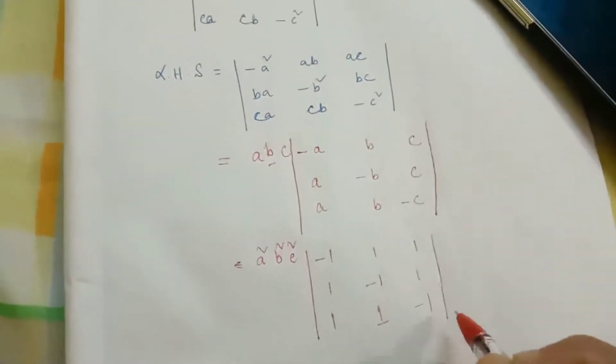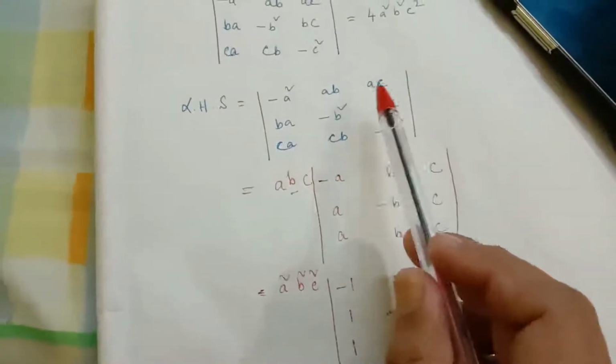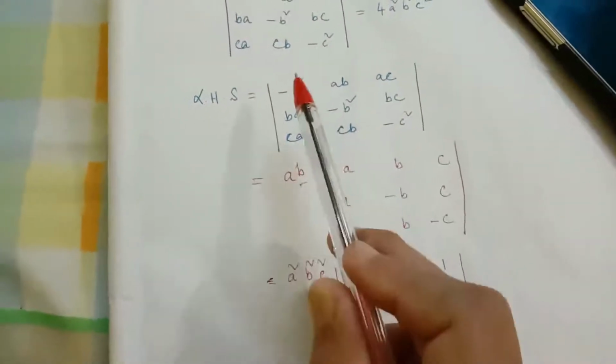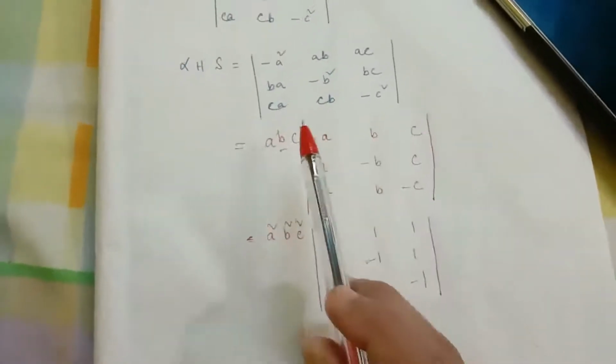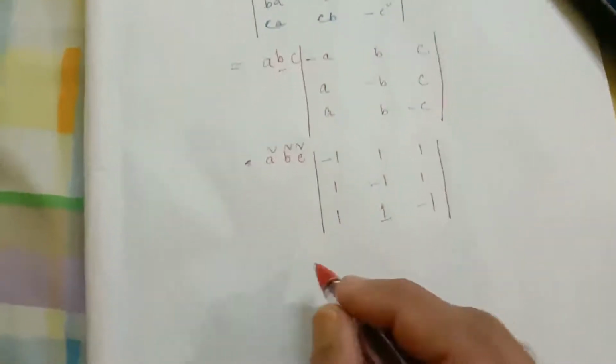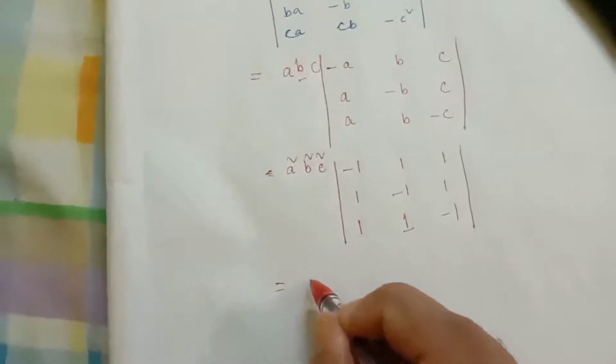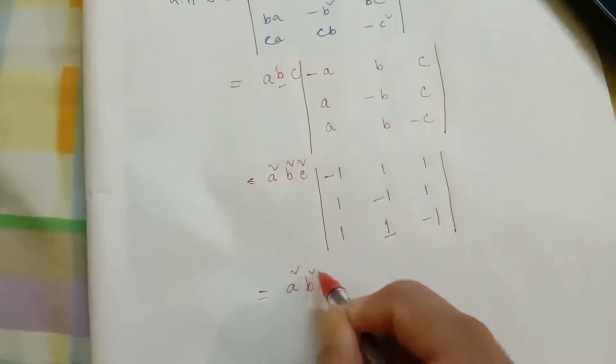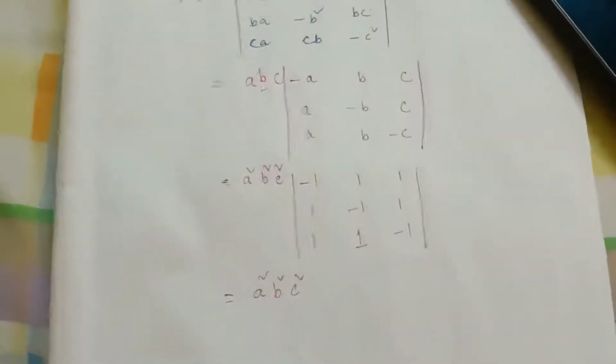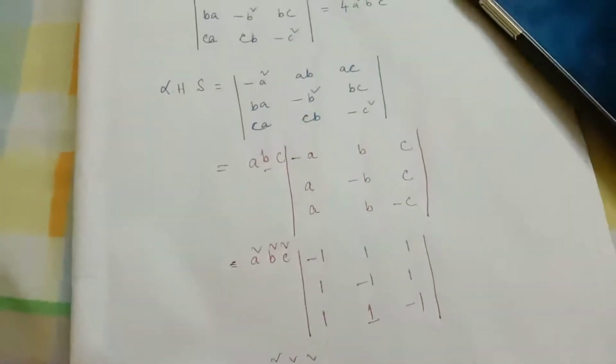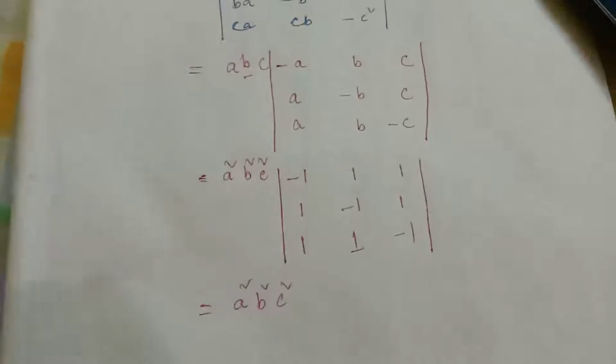So see the steps. First we have taken a, b, c common from the first, second and third row, and again a, b, c common from the first, second and third column. Now in the last class I told you our main aim will be to bring as many zeros as possible in the determinant by using the properties.